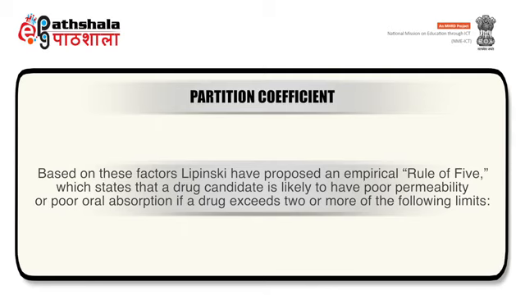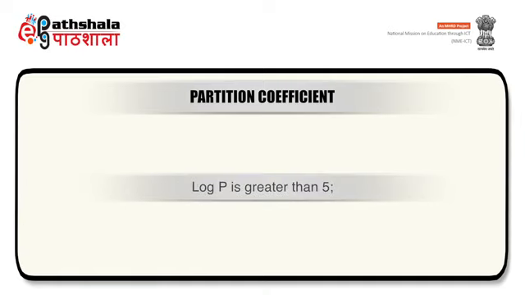Based on these factors, Lipinski proposed an empirical rule of 5, which states that a drug candidate is likely to have poor permeability or poor oral absorption if it exceeds 2 or more of the following limits. First, log P is greater than 5. Second, the molecular weight is greater than 500.